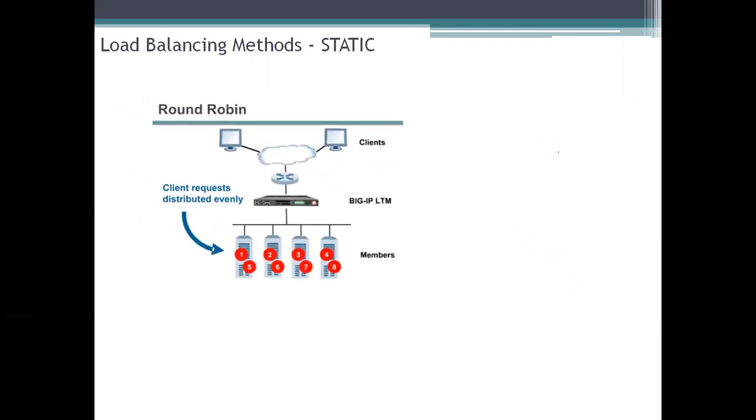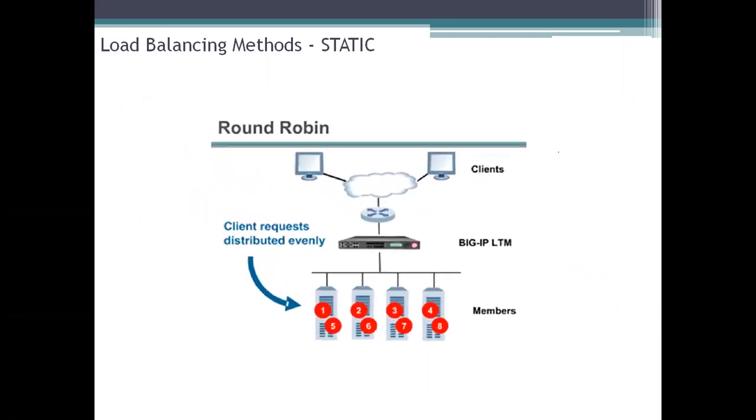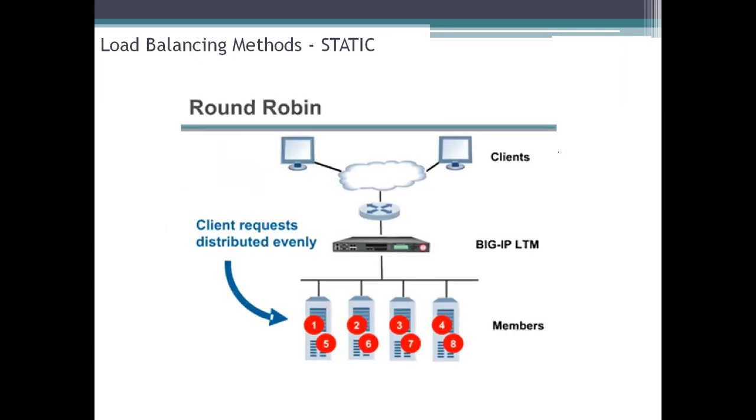So let's talk about the static method, round robin. These are the clients. They hit the F5 virtual server, and these are the 4 servers, 1, 2, 3, 4, and on all 4 servers the same application will run. Yesterday we gave the example, right?